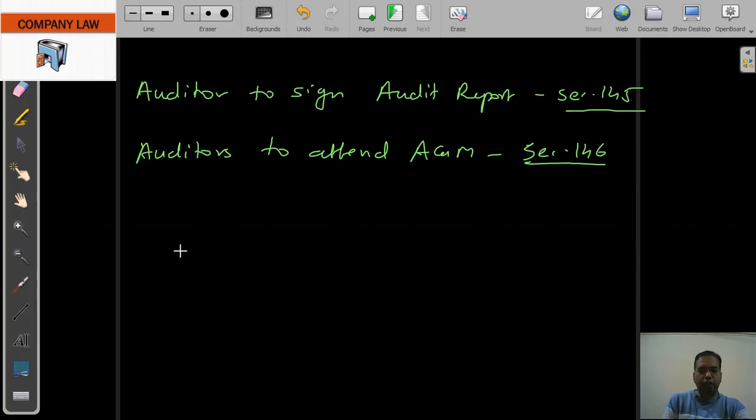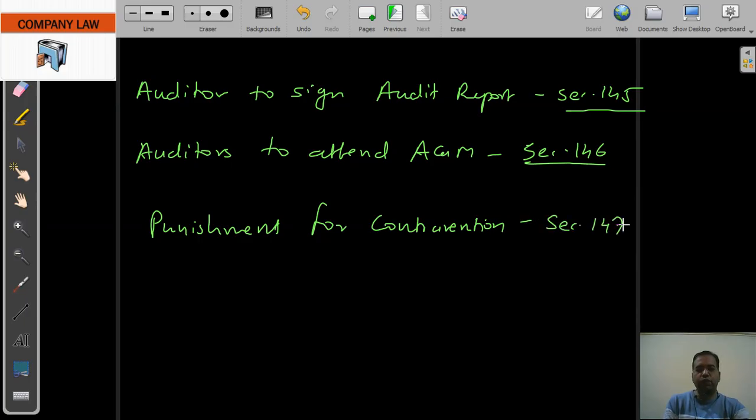And there are penalty sections, punishment for contravention. This particular provision is given under section 147.